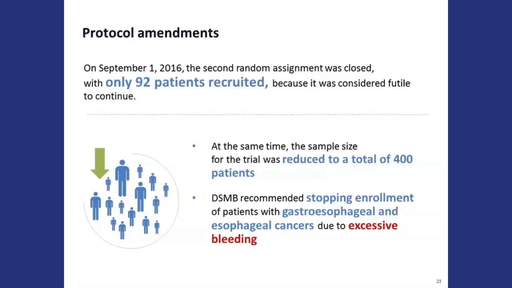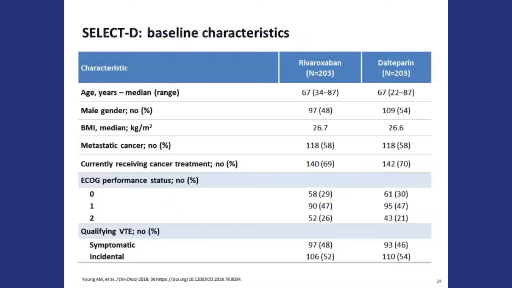Also, approximately halfway through the trial, they decided that there was an excessive amount of upper GI bleeding, very similarly seen in the Hokusai trial, but this trial decided to start excluding at least the upper GI cancer patients from entering the trial, which for good or bad reasons, it actually probably unfairly, if you want to think about it, favored the side that was having this problem, which was the direct anticoagulant side again. So again, methodologically, maybe a bit questionable.